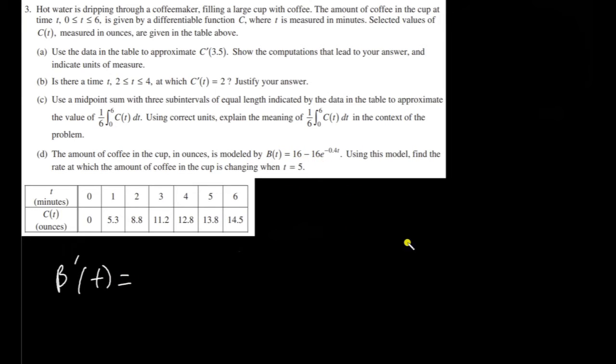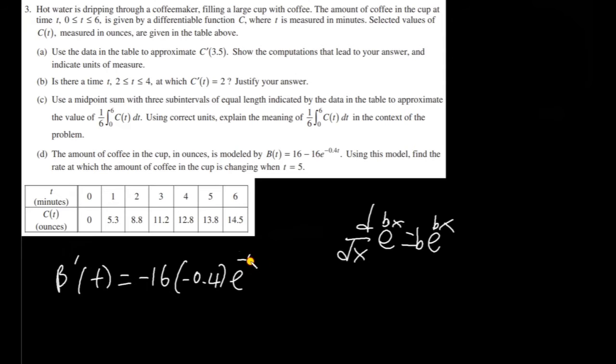And then remember, the derivative of e to the x is e to the x, and the derivative of e to the bx, where b is a constant, is b e to the bx. So the derivative of negative 16 e to the negative 0.4t is going to be negative 16 times negative 0.4 e to the negative 0.4t.